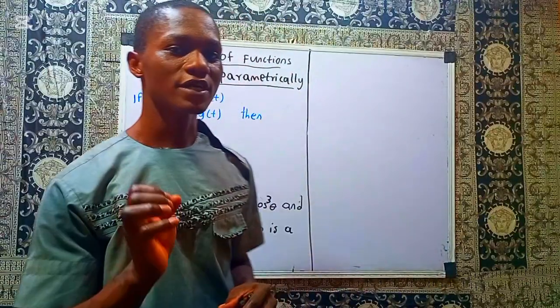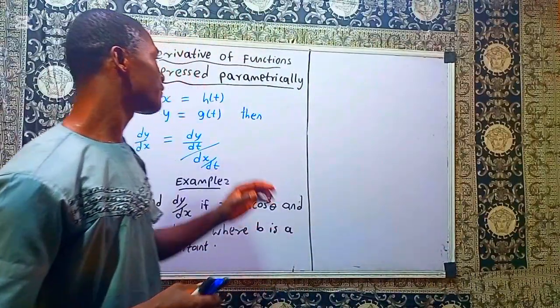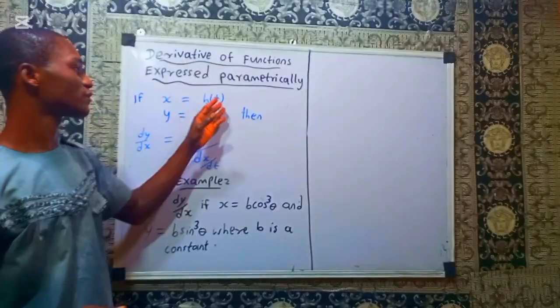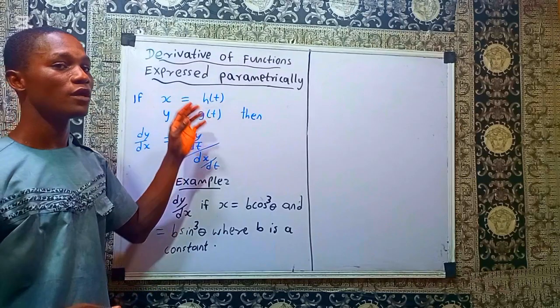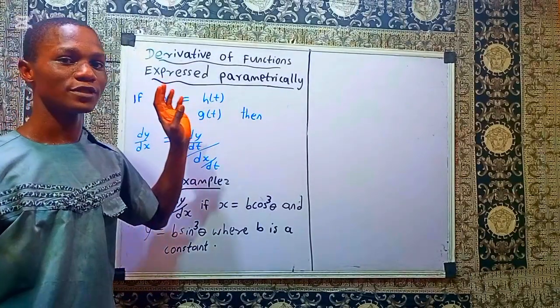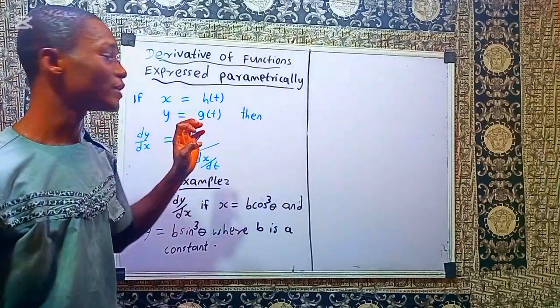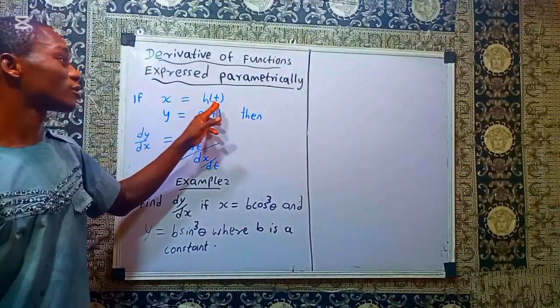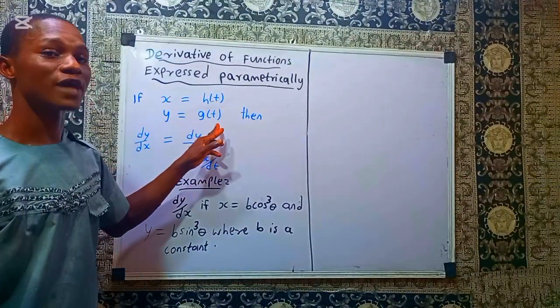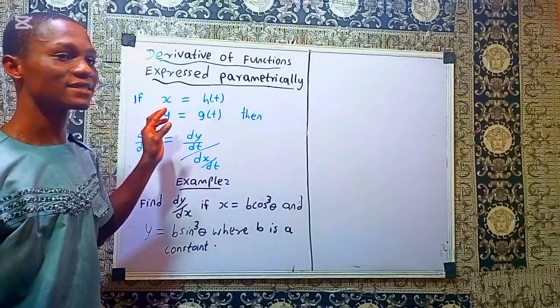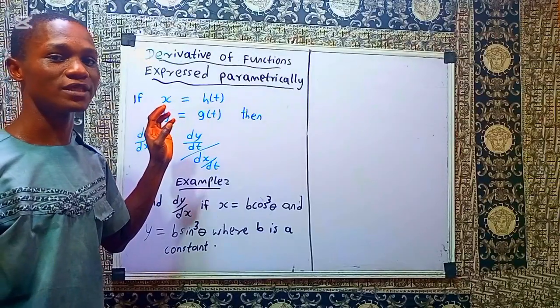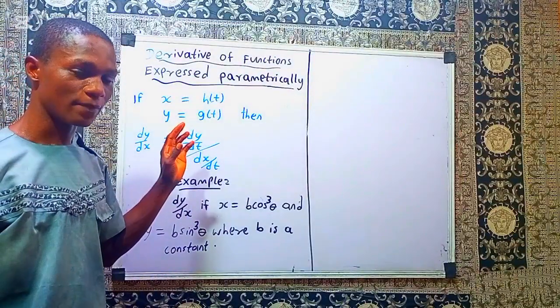In our previous class, I told you that if you have a function of this form, x is a function of t, y is a function of t. Remember, the variable t can change to any other variable. But x and y are functions of the same variable t.